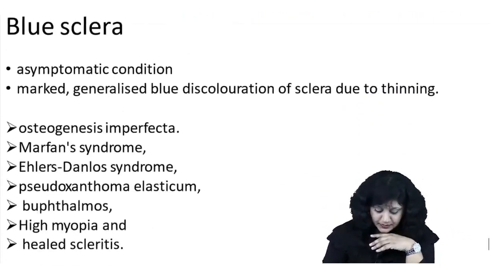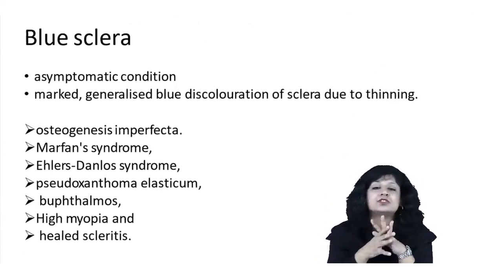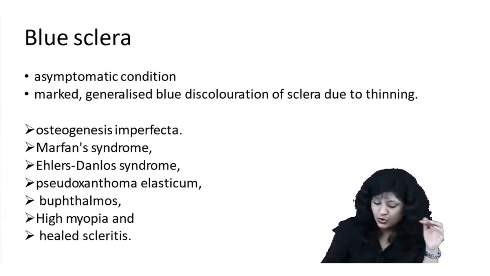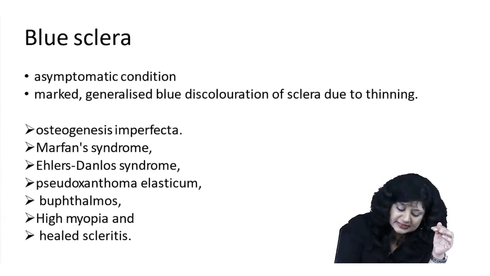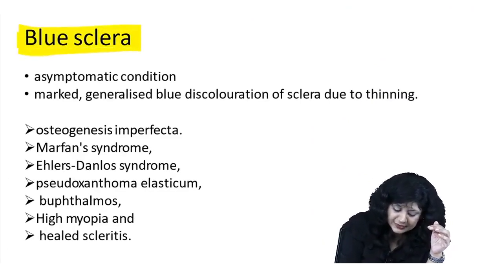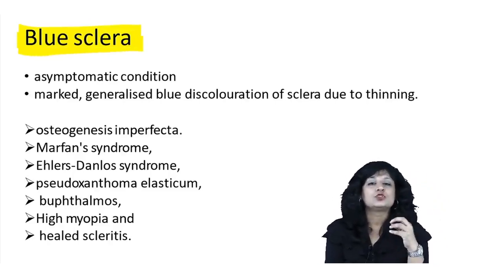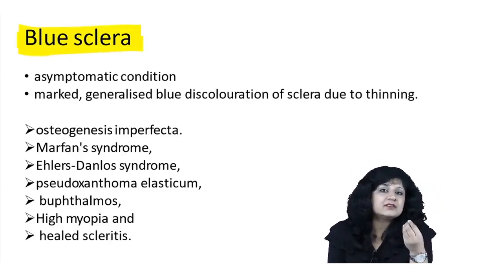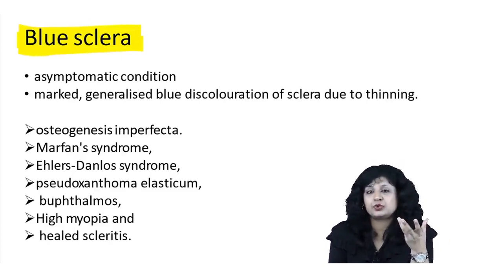Okay, now something about the blue sclera. As I told you, we have thinning of the sclera and it is lined by the uveal tissue. So there is some appearance of a bluish area through the sclera.